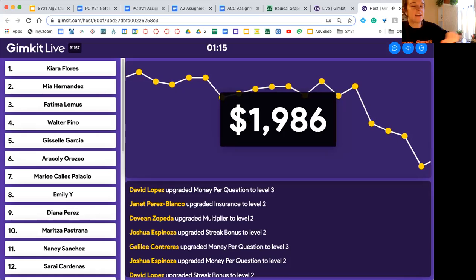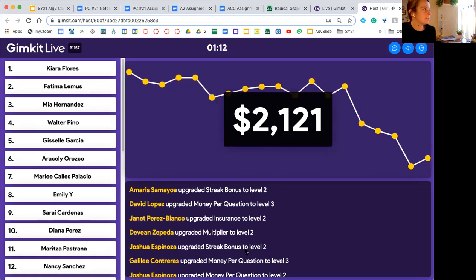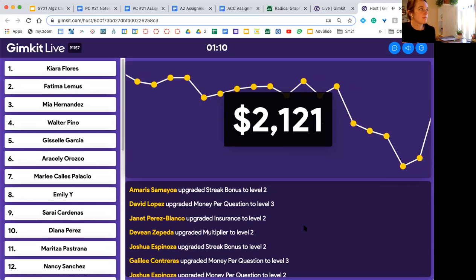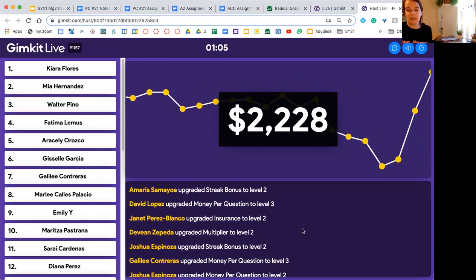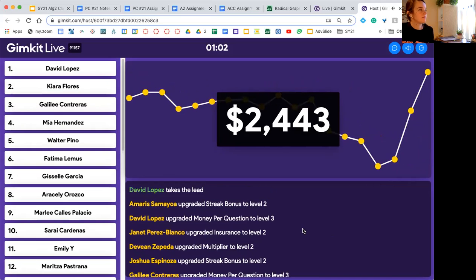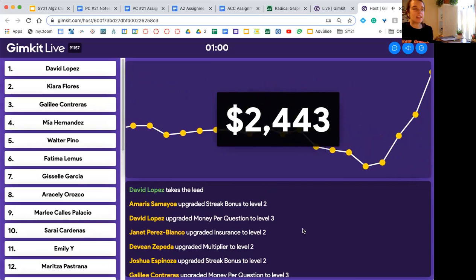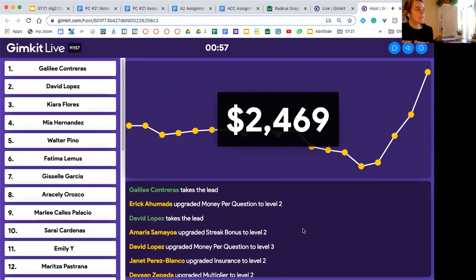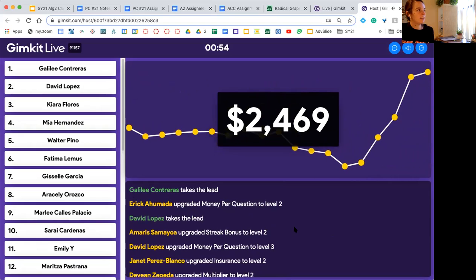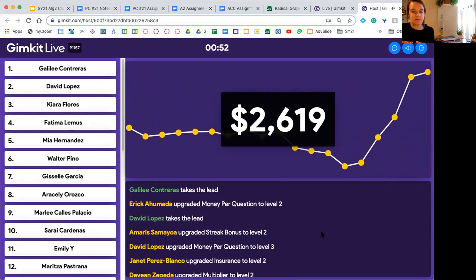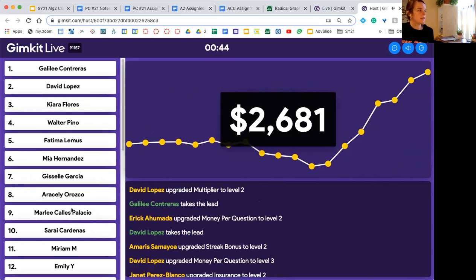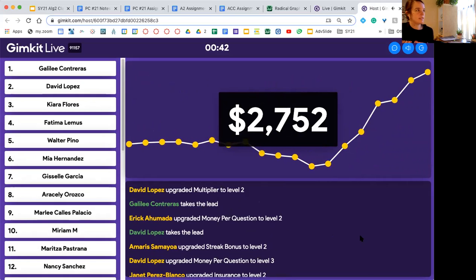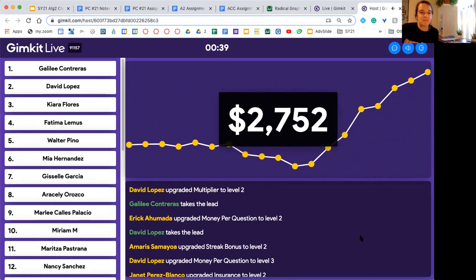You have about 75 seconds left. Amaris making an upgrade. David taking over that number 1 spot. Oh, there's Gowley. Just 40 seconds remaining.